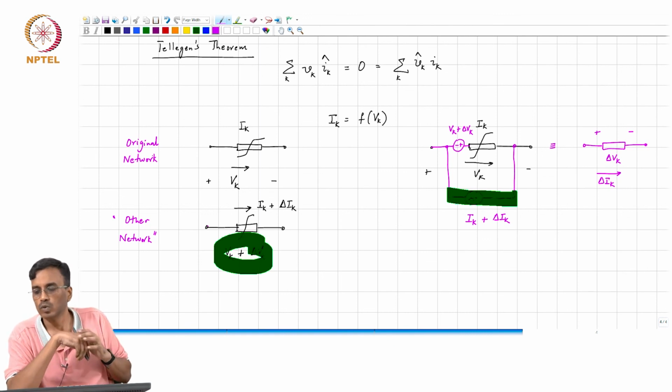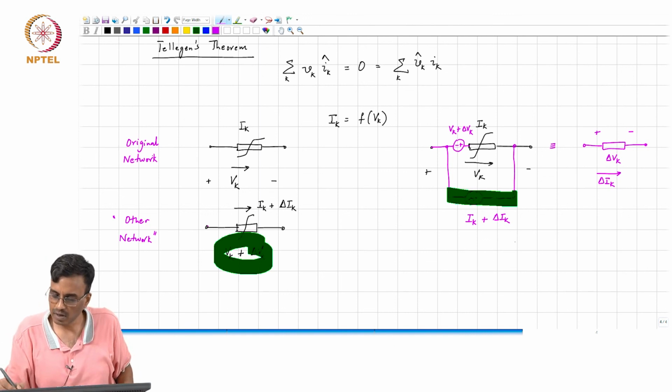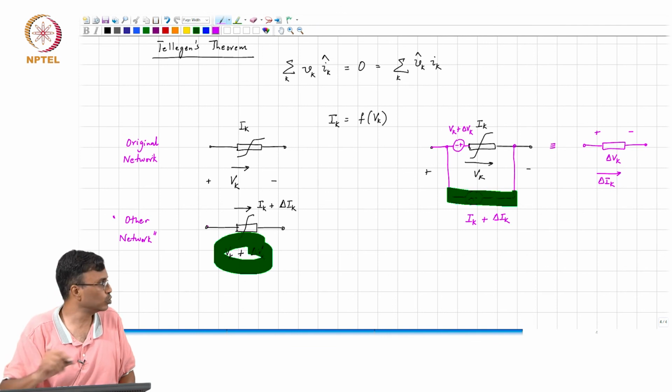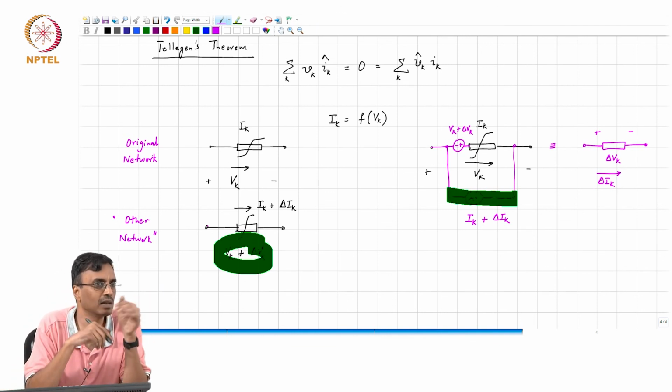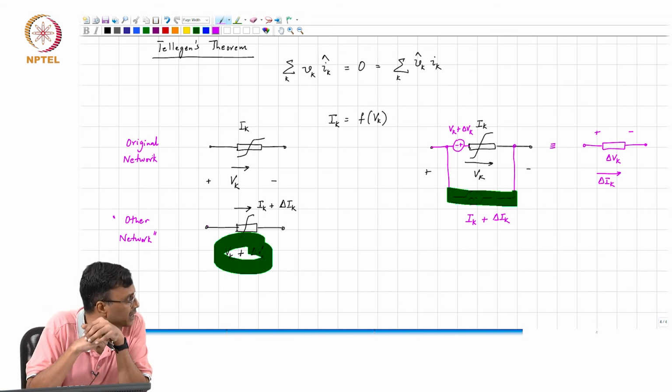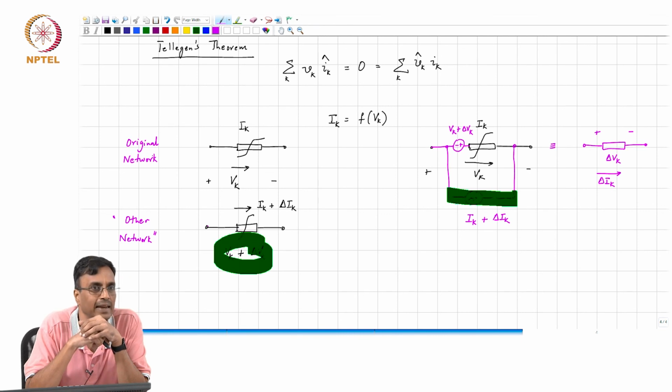Okay. Now, this is true for arbitrary changes in the sources. All right. I'd like to reiterate that this delta Vk and delta Ik need not be small.